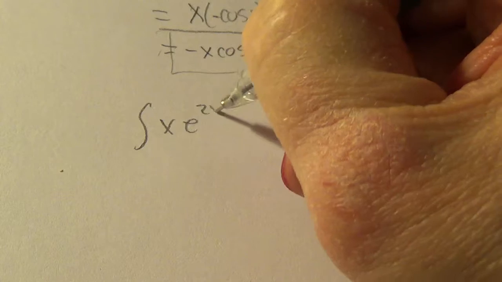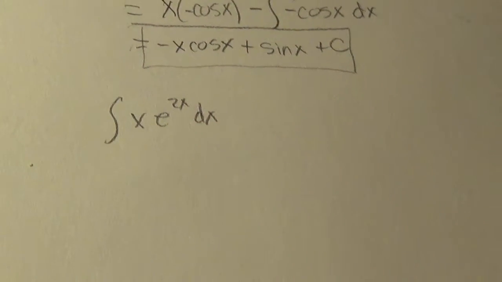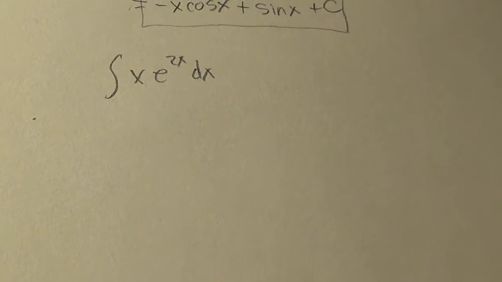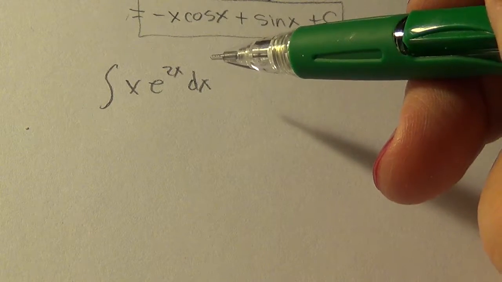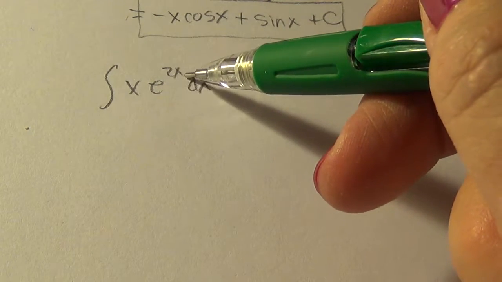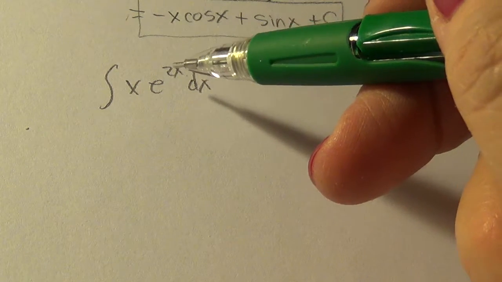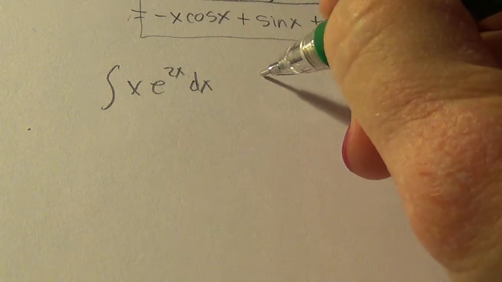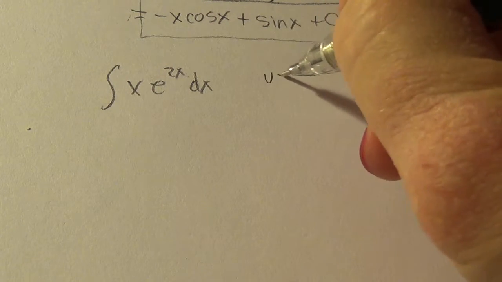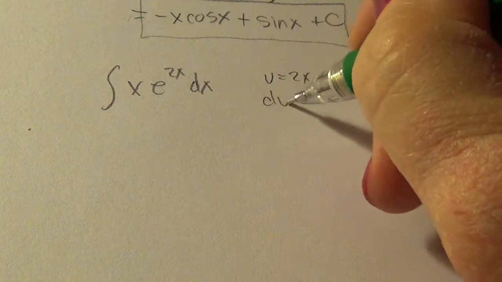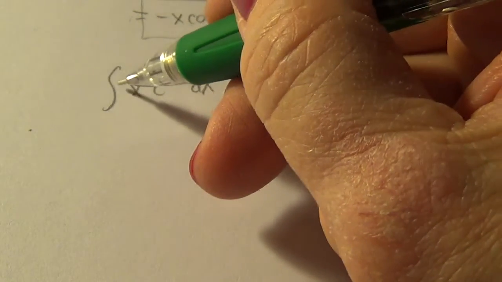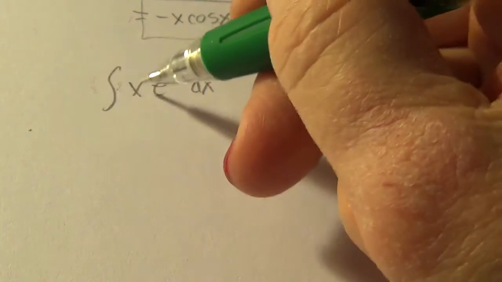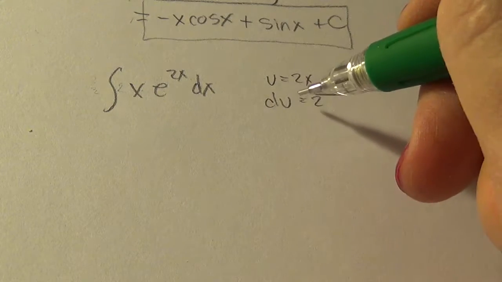Alright, so I'm going to do the integral of x e to the 2x dx. And you get used to knowing what an integration by parts problem looks like. I would think to myself, if u is 2x, then du is 2, and I have an extra x here, so I could put in a 2 and a 1/2 to adjust for it, but that x is extra.